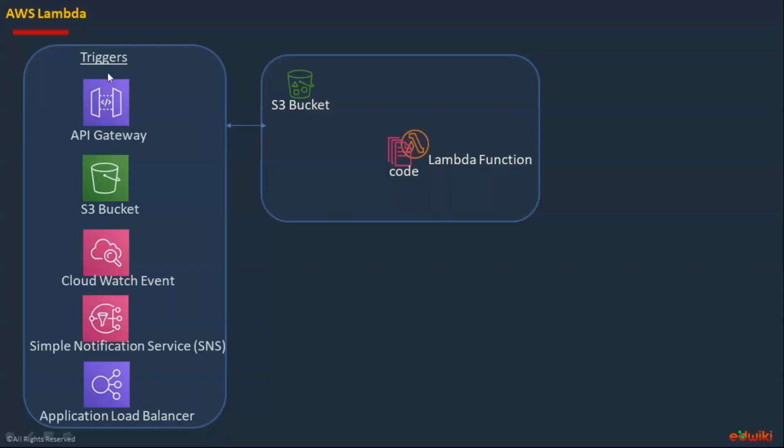You can create triggers, because whenever you give the code to Lambda, you need to also tell Lambda when the code has to be executed, correct? So that is the trigger. In the trigger section, you define the triggers which will tell Lambda when to execute.